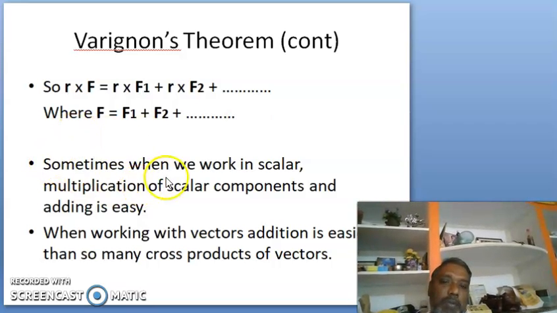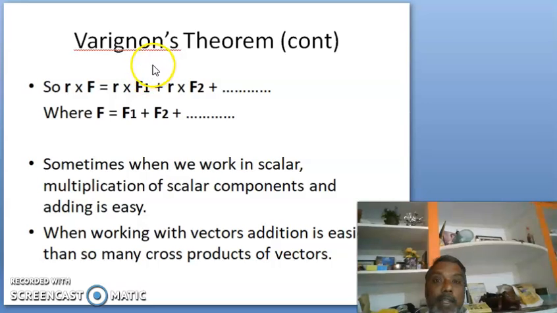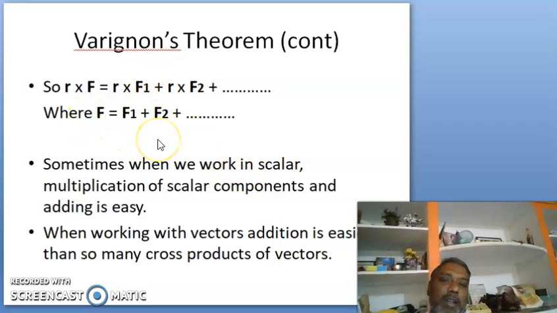Sometimes when we work in scalar, the multiplication of scalar components and adding is easy. So for a single force also we use Varignon's theorem, obtain two components and add the moments separately, and we go for finding the final answer.